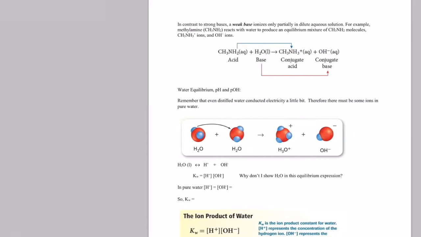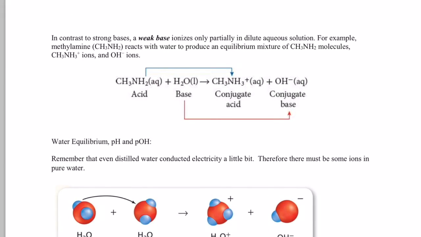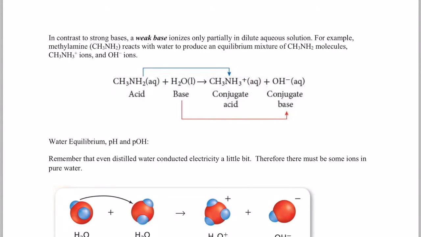So let's take a look at a weak base. Let's do methylamine, CH3NH2. Now, actually, in this graphic, there are a couple of things that bother me. There are some things that are wrong, and we're going to explore those things that are wrong with this graphic. First of all, let me draw the Lewis structure for methylamine for you.